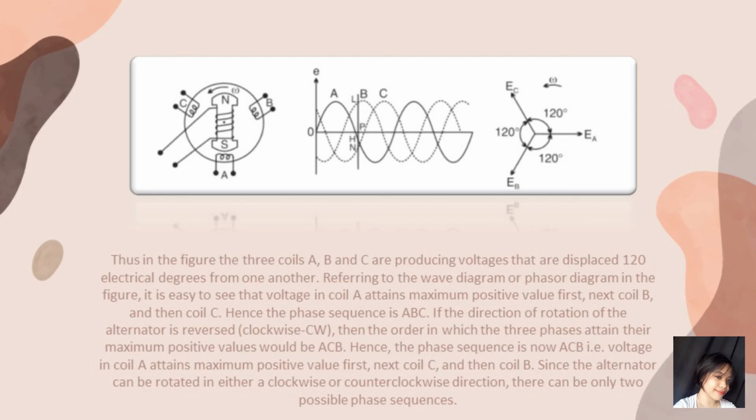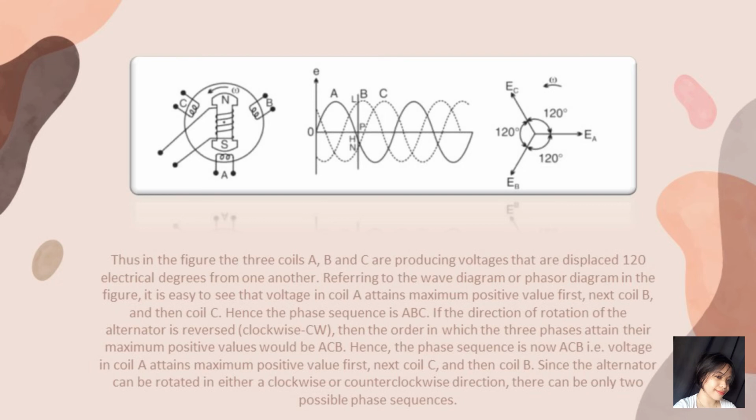The three phases of winding may be numbered 1, 2, 3 or lettered A, B, C. However, it is usual practice to name the three phases or windings after three natural colors such as red, yellow, and blue. R is for red, Y is for yellow, and B is for blue.